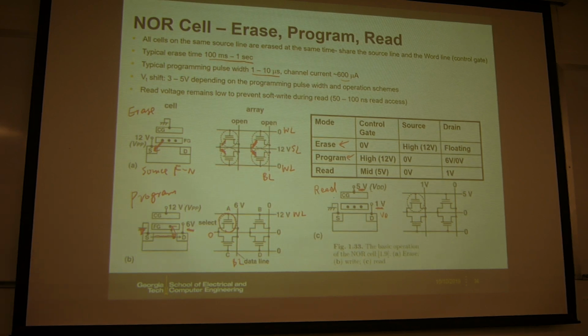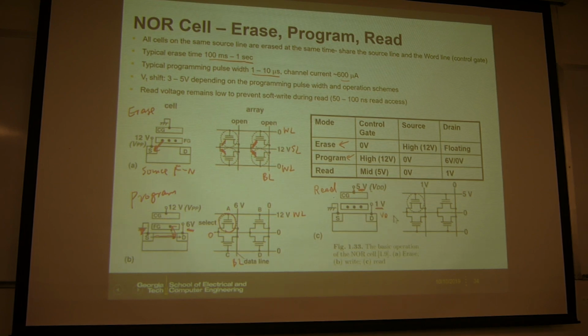And then depending on the threshold voltage here, this 5 volts may be larger than the threshold voltage in the erased state, so you will get the current out. Or maybe in the program state, this 5 volts is less than your threshold voltage, then you don't have the current readout, so you get 0. So this is how you read.